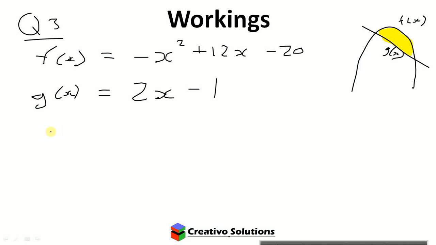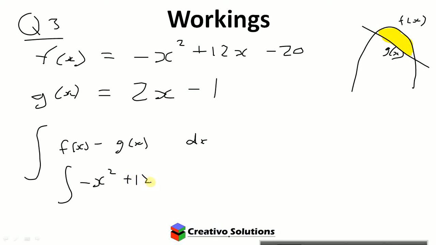So the equation would be integrate f of x minus g of x dx. So this equation minus that equation. So integrate minus x squared plus 12x minus 20 minus g of x, so minus 2x plus 1.